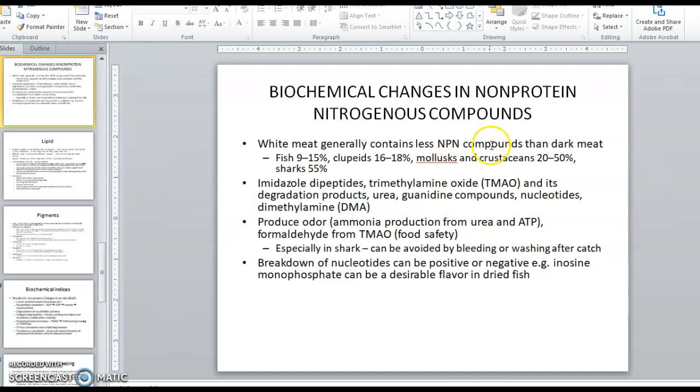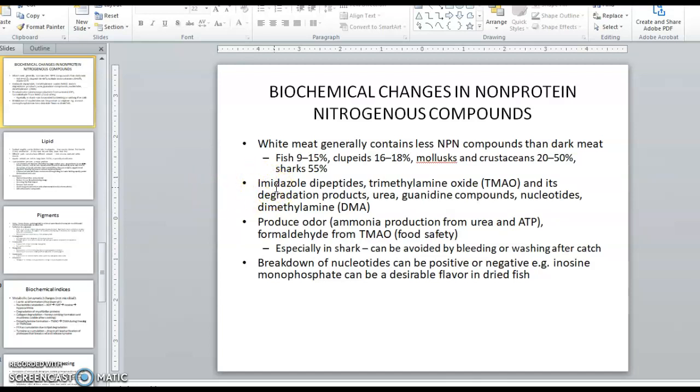So white meat contains less than dark meat. For example, fish contains up to 15% of NPN compounds. Clupeids, I'm not sure what type of seafood this is, can contain up to 18%. Crustaceans up to 50%. And certain big fish, for example sharks, contain up to 55% NPN compounds, probably because of lots of protein or lots of muscle.